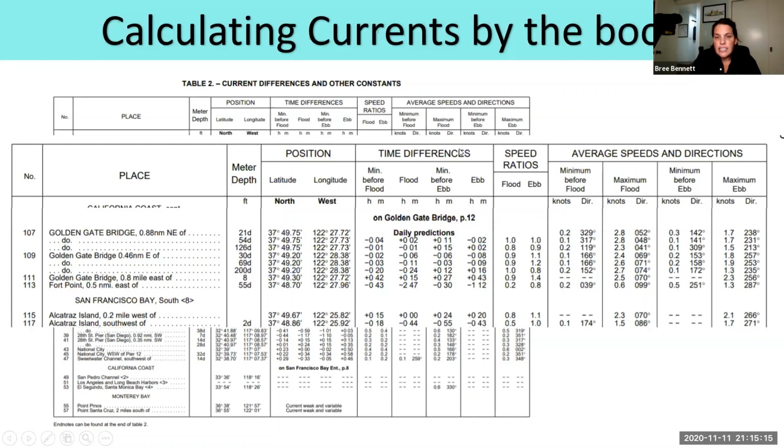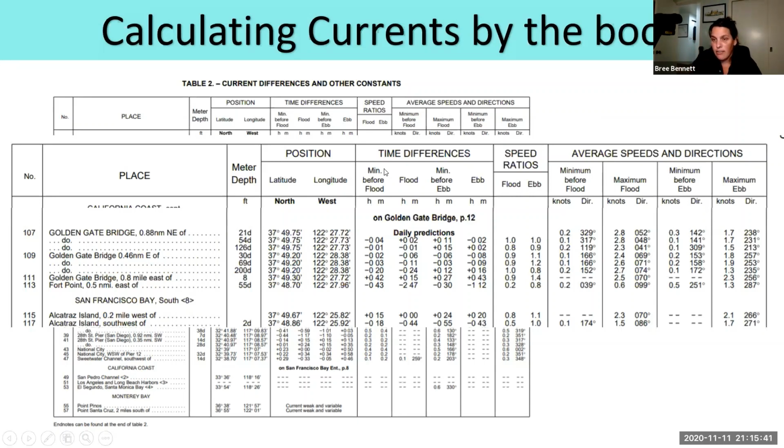And then in our time differences, they have minimum before flood, minimum before ebb, and ebb. So that minimum before flood means slack. So when is it going to be as close to zero as possible? When is it going to be the minimum amount of velocity? So that's your slack.